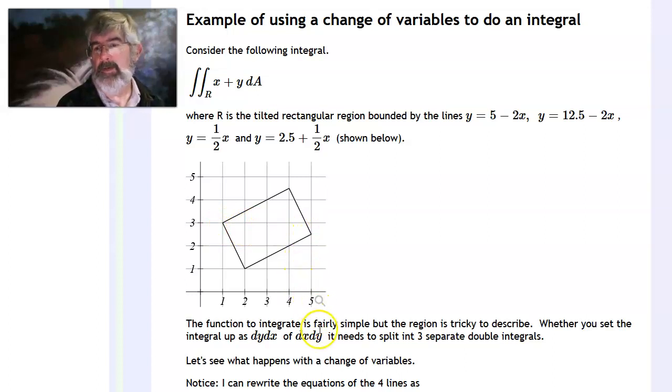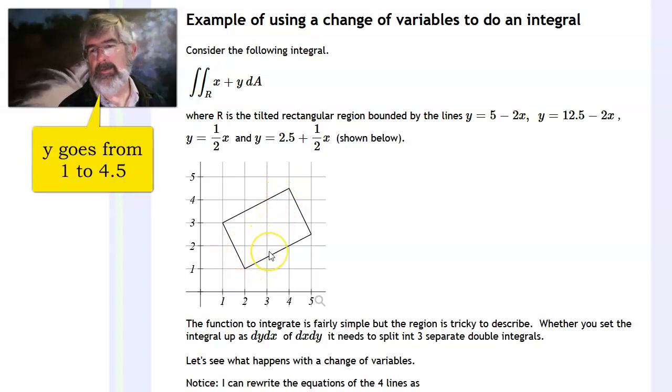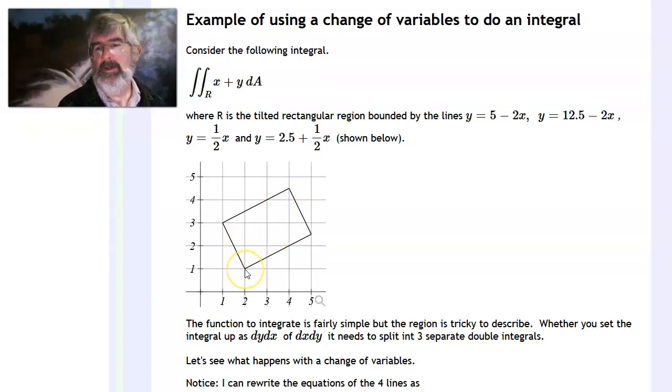Likewise, if you were going to try to do it dx dy with y on the outside, y would go from 1 to 4, but then the bounds on x change. From y equals 1 up to y equals 2.5, you'd have this left bound and that right bound, but then the right bound switches. So from 2.5 to 3, you'd have to do this to that as the left and right bounds.